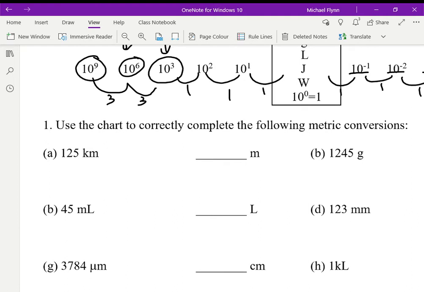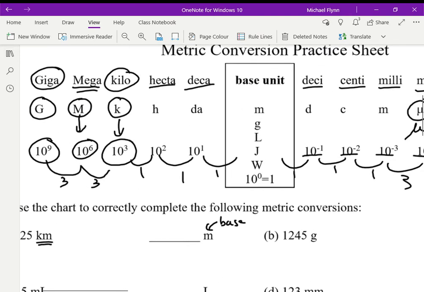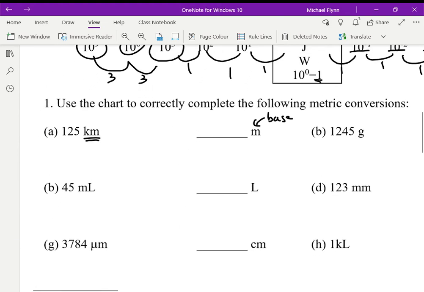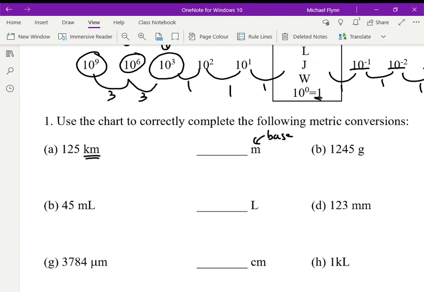So here in the first one, we're converting from kilometers to the base unit. Base is right there, and it is 1 unit. So here where it says 125, where's the decimal place? That's what I ask the students in class, and they know when you don't see a decimal, it's at the end of the number.